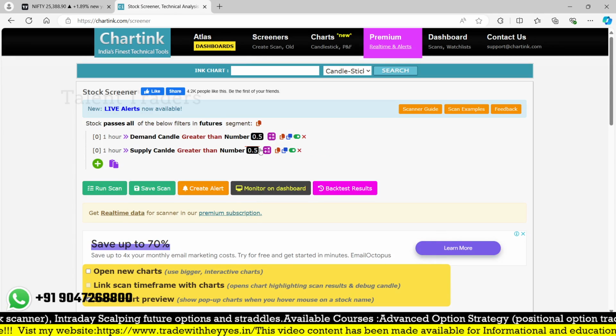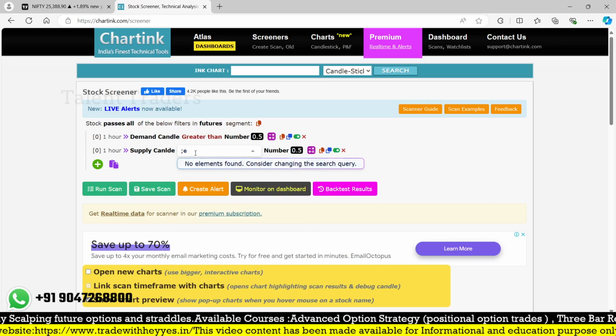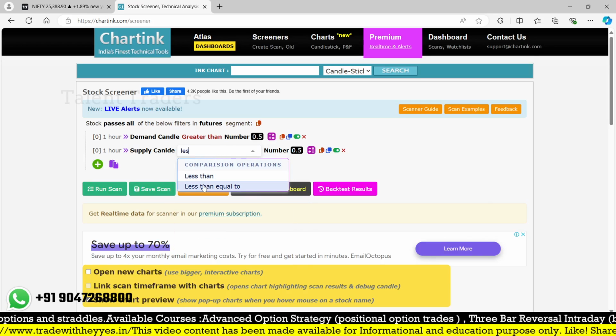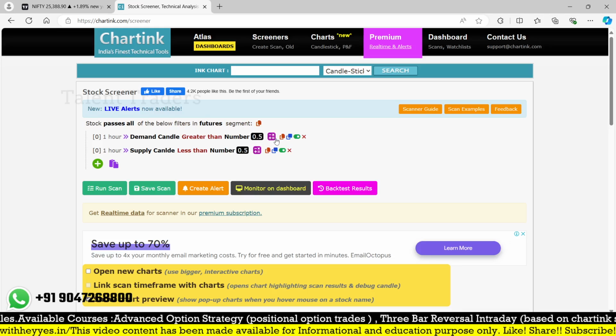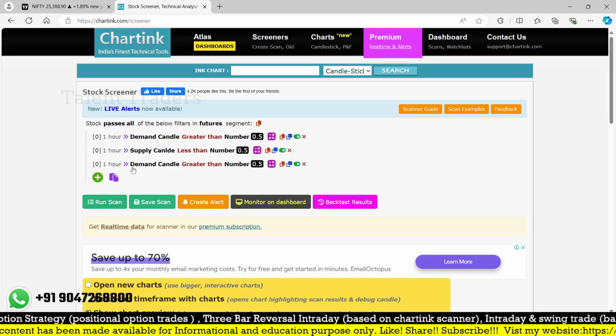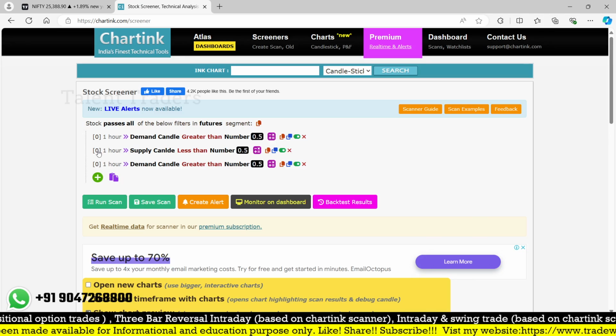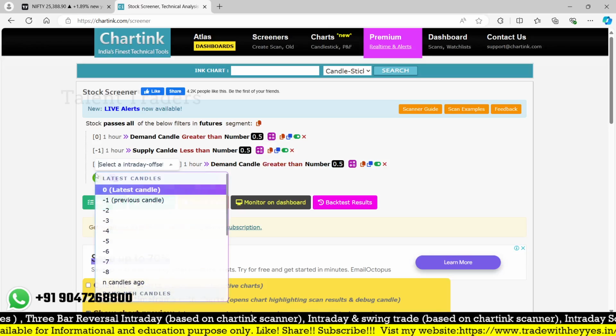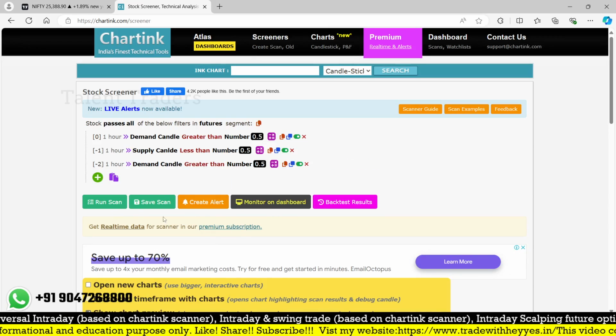Custom indicators, and that should be less than 0.5, and we can adjust the numbers. That is very important, so we are using it like this, with a demand candle greater than 0.5. So this would be -1 and this should be -2. This is a normal thing.